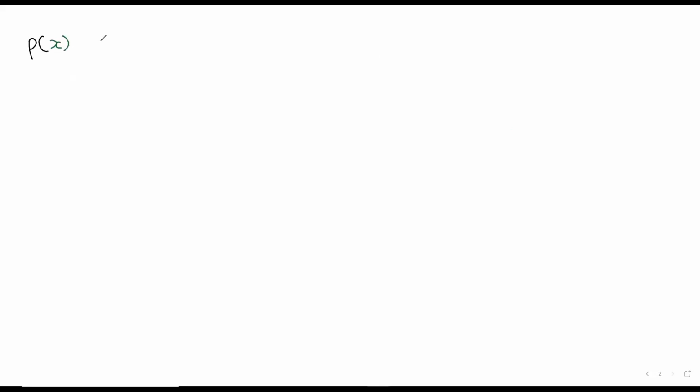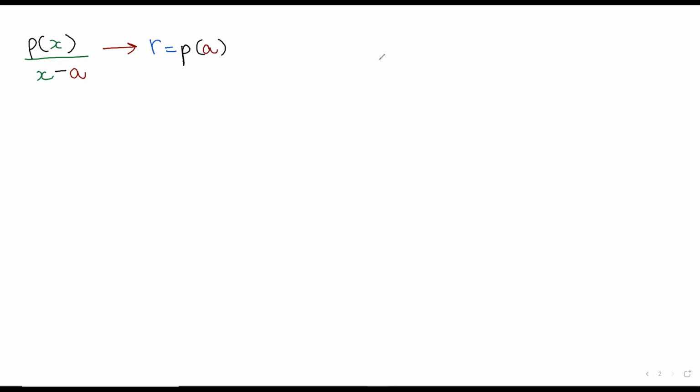So P of x, and I'm going to divide it by x minus a, then the remainder that it gives me will be equal to the polynomial when I put a in place of x.